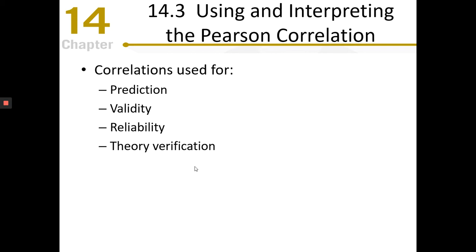So if my measure is reliable, if I give the narcissism measure to you today, I get your score for it. Then I wait, let's say, 2 months, and I give you the same questionnaire, and hopefully you forgot the questions and how you answered them. You take it again in 2 months, then I could correlate your score from today to your score 2 months from now.